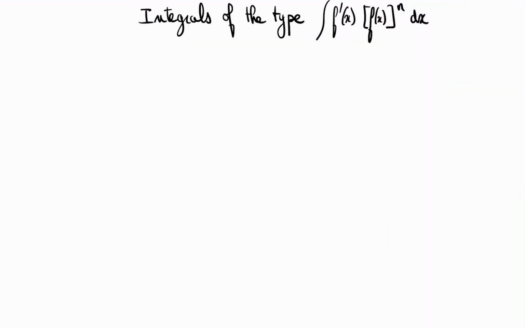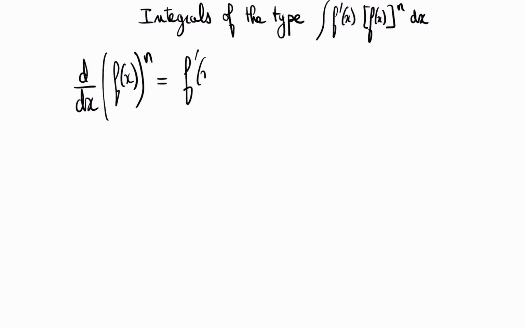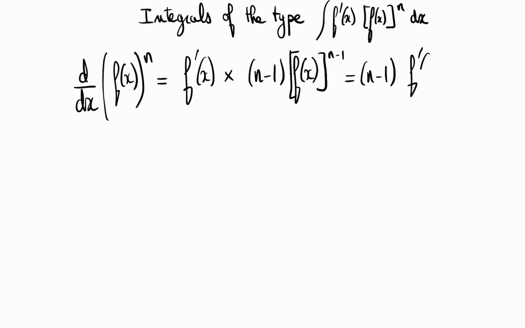Now, integral of the type f prime f of x to the power n. We have to remember that from the chain rule, when we differentiate f of x to the power n, that gives us f prime of x times n f of x to the power n minus 1, which I can rewrite as n times f prime of x f of x to the power n minus 1.